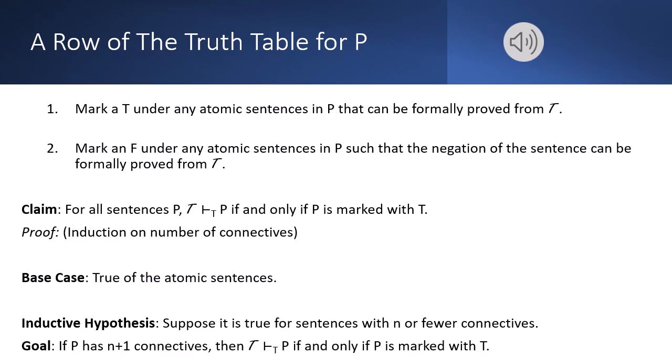In other words, there's a proof of P from script T if and only if P is marked with a T in this row of its truth table. And again, I'll give you the details of just one of the primary connectives. And in the homework assignment this week, I'll ask you to go through the remaining connectives.